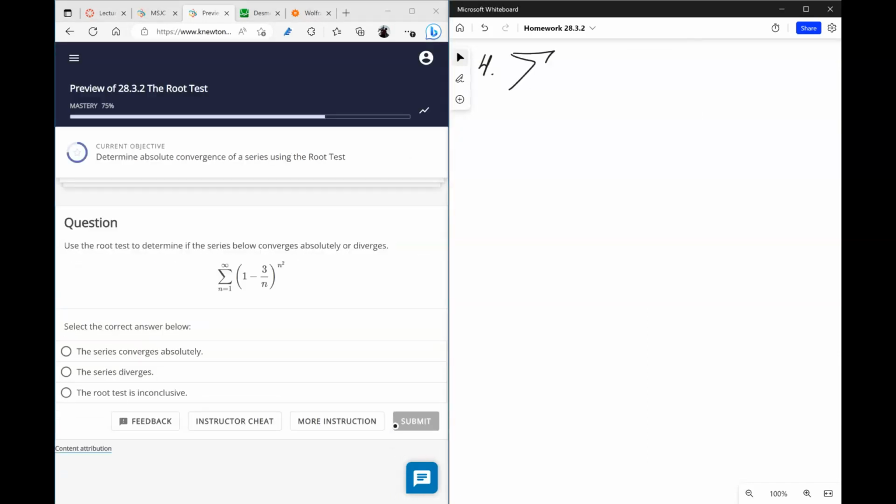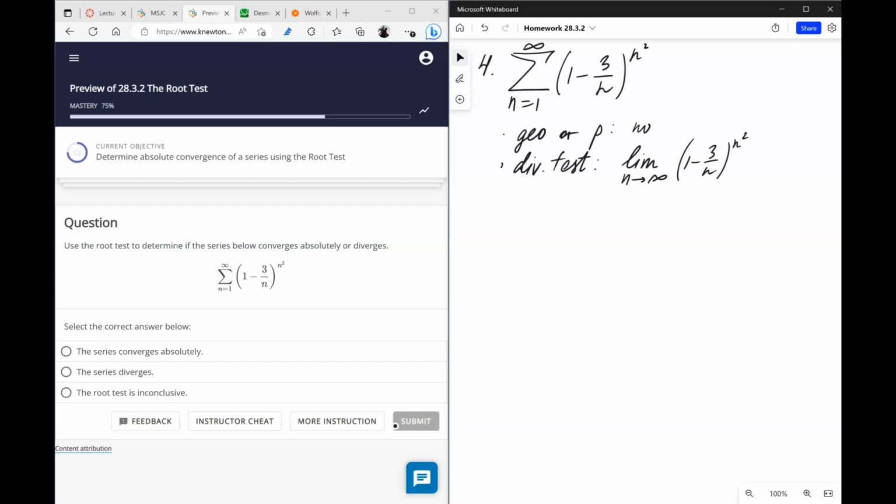All right, we have another one. Normally we would again check if it's geometric or p, which it isn't. Then we would try to set up the divergence test by finding this limit.